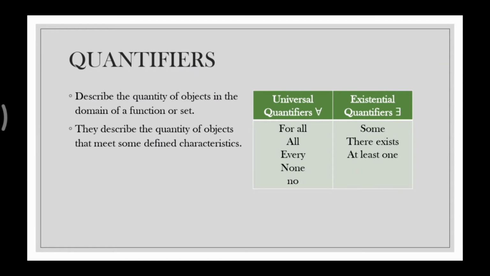Universal quantifiers are for all, every, none, no. Existential quantifiers are some, there exists at least one.